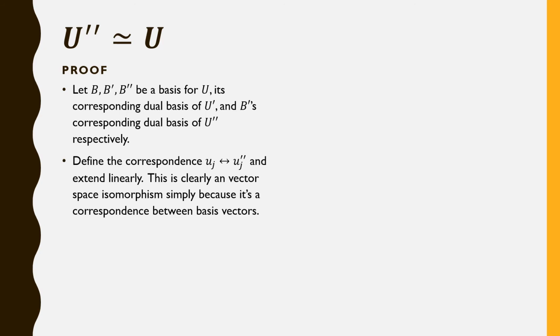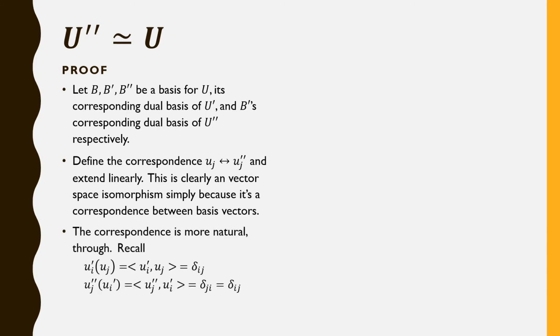The interesting part is actually how we can relate uj double prime to uj. The correspondence becomes more natural when we recall how the dual bases behave on each other. So if you remember back from the dual basis page, if you go back a few slides, you'll remember that we got this equation here. That the way ui prime behaves on uj is via the Kronecker delta.